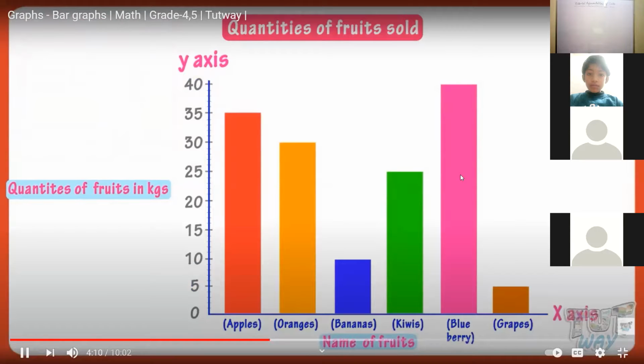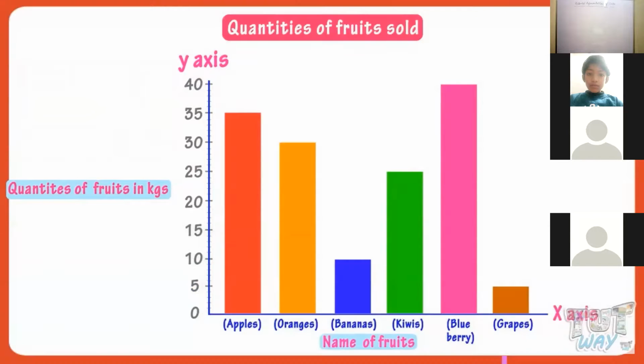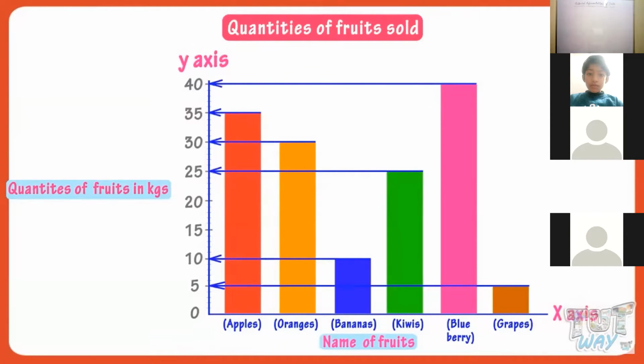Now let's read it. Here the bars are drawn vertically on horizontal axes. This axis is known as the horizontal axis or x-axis. The length of the rectangular bars represents the quantities of corresponding fruits sold in kg.